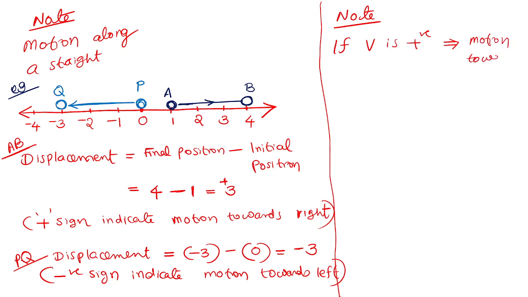Motion towards right. I will give you a simple example, but I don't want to draw the diagrams for this. If velocity is positive, like plus 20 meter per second, plus 7 meter per second, that plus sign indicates motion towards right. If velocity is negative, motion towards left.